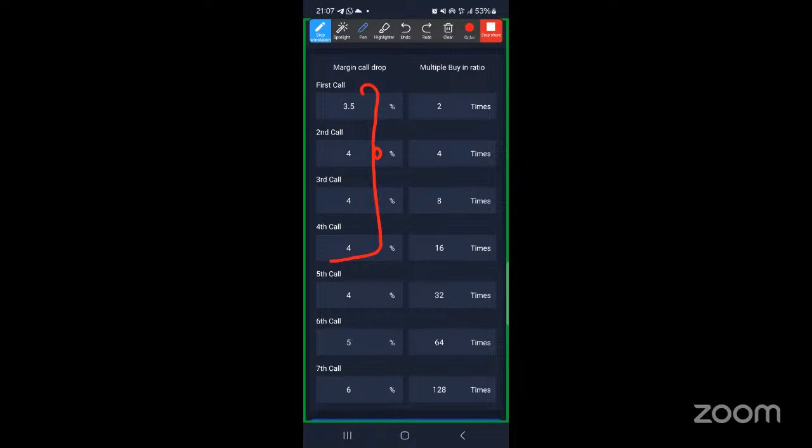But this coin they want to enter, we have seen that 4 margin calls is negative 15.5. This is the percentage this person will cover according to the default setting.